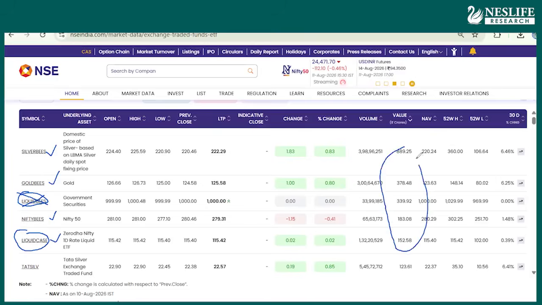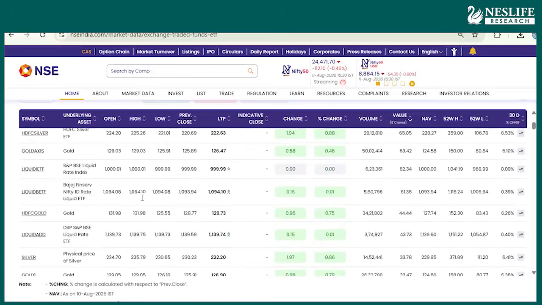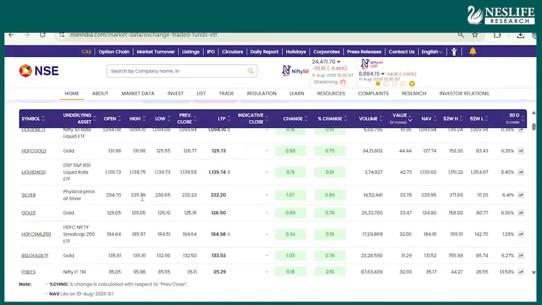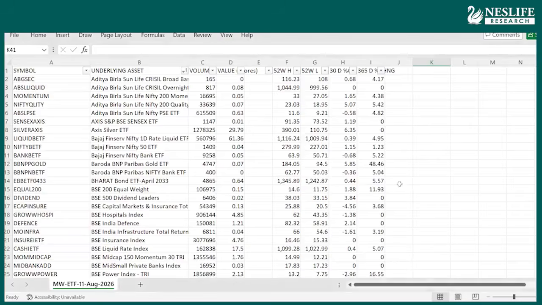You can see that. And as you go down, you may have multiple funds of the same category or same index.